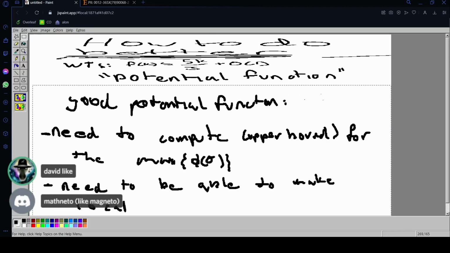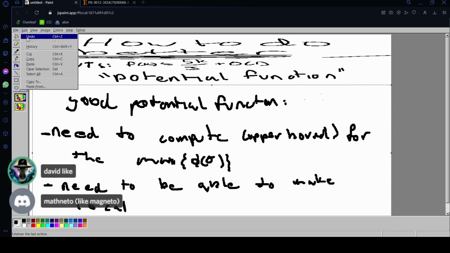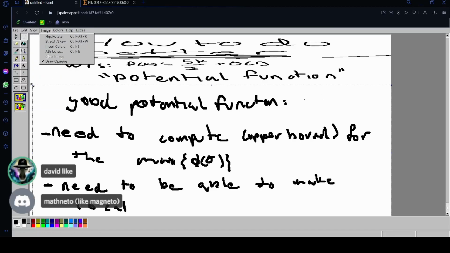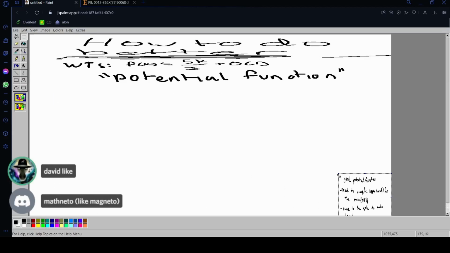Isn't the distance between phi of sigma and the identity of k the same as the max of phi of sigma?